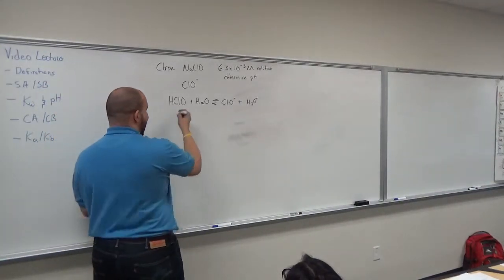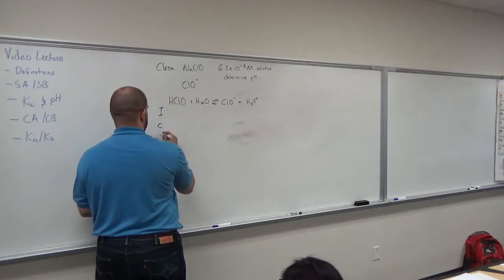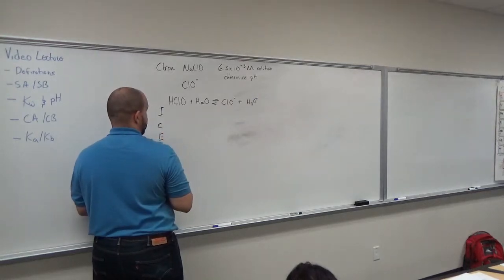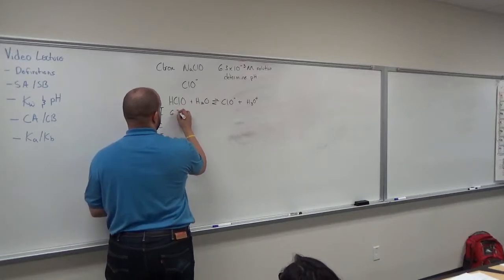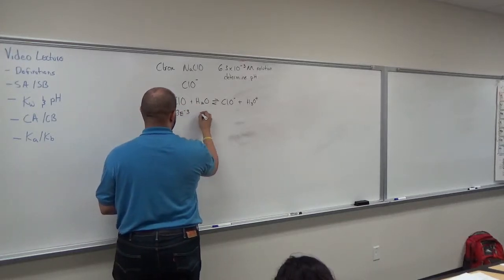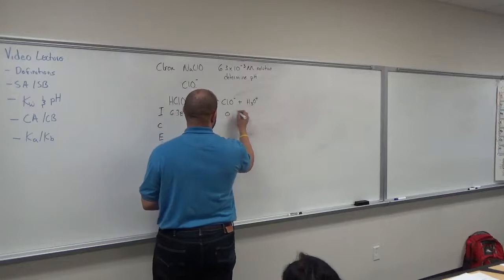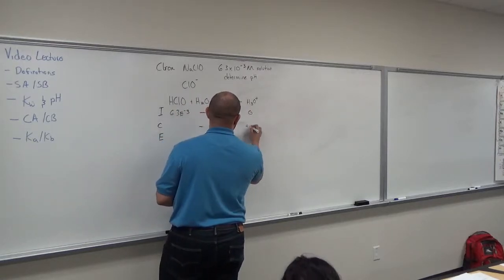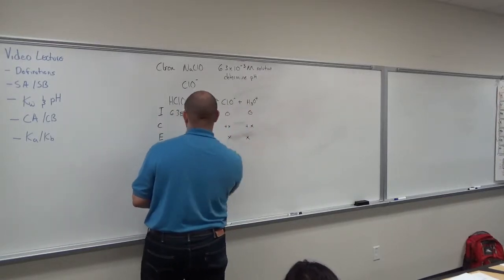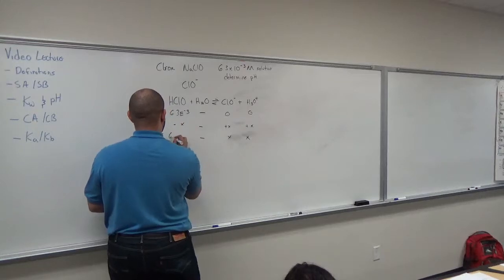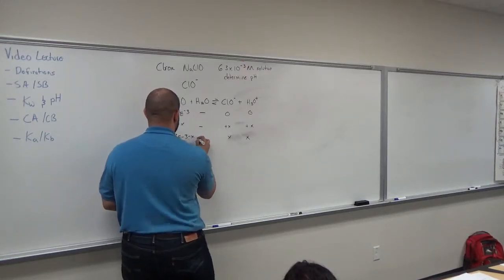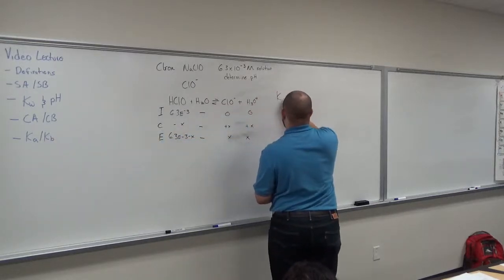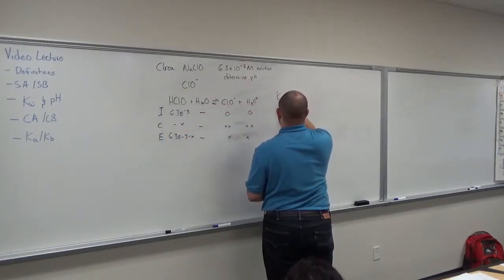Once you have the reaction, you can write the ICE table. Once you have the ICE table, you can plug in 6.3e to negative 3. We're not worried about water. 0, 0, plus x, x, minus x, 6.3e to negative 3 minus x, and then Ka is equal to.